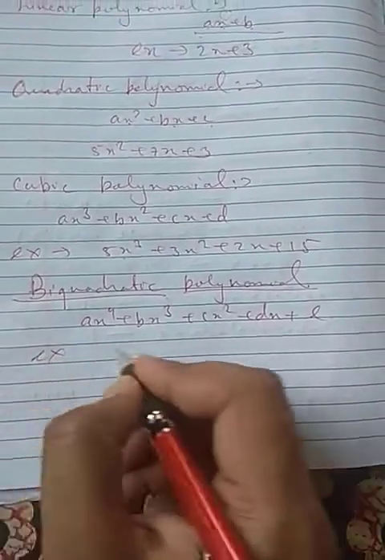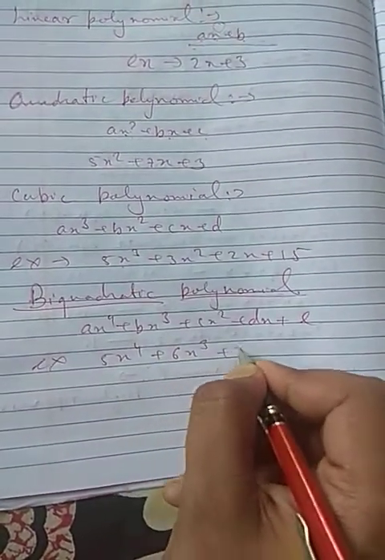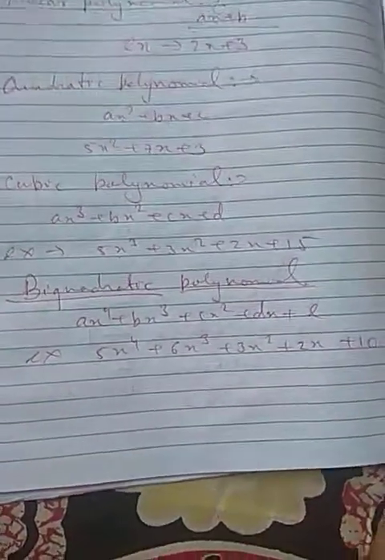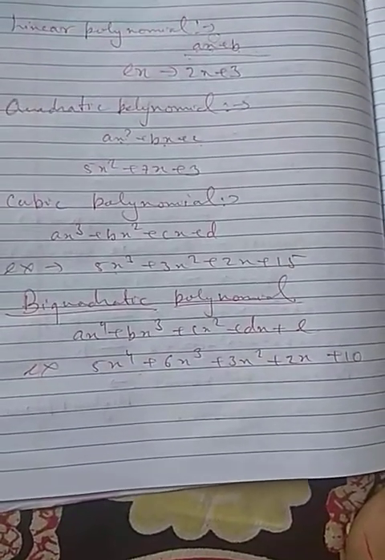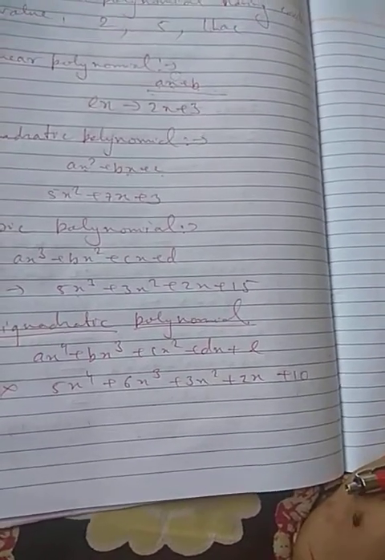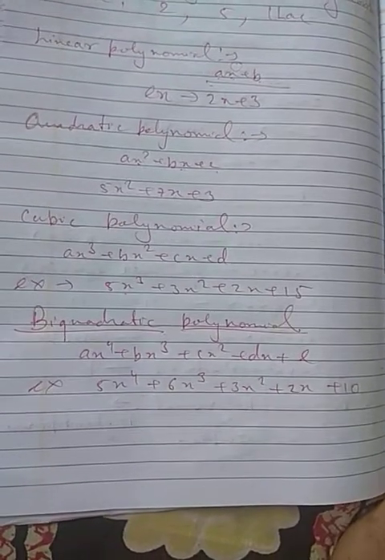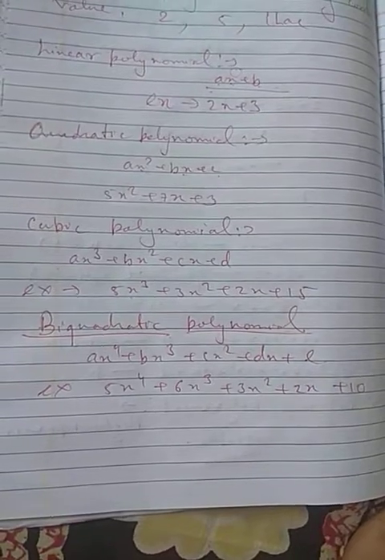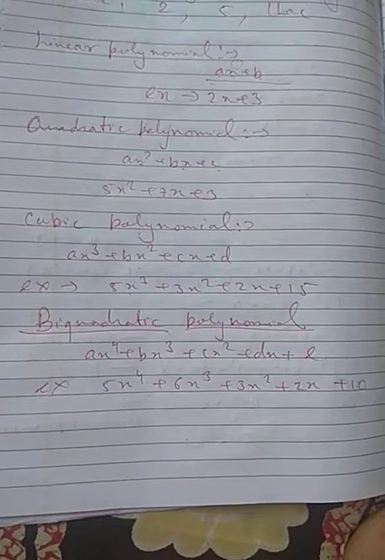An example: 5x power 4 plus 6x cube plus 3x square plus 2x plus 10 is a biquadratic polynomial because the variable has the highest power 4 in it. 5, 6, 3, 2, 10 are constants. Similarly, in the general equation, a, b, c, d, e are constants, and x power 4, x cube, x square, x are the variable terms.